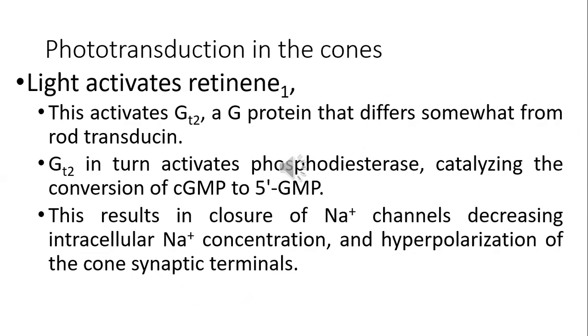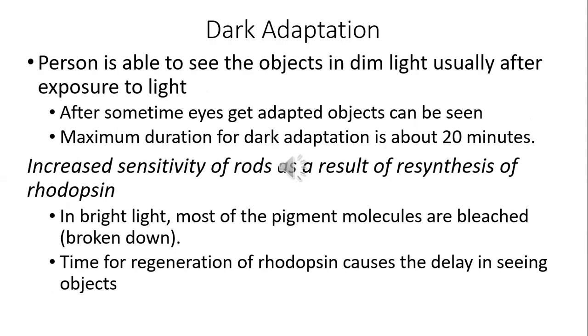GT2 in turn activates phosphodiesterase, catalyzing the conversion of cyclic GMP to 5-GMP. This results in closure of sodium channels, decreasing the intracellular sodium concentration and hyperpolarization of the cone synaptic terminals. Yeah, so there's dark adaptation of light signals.